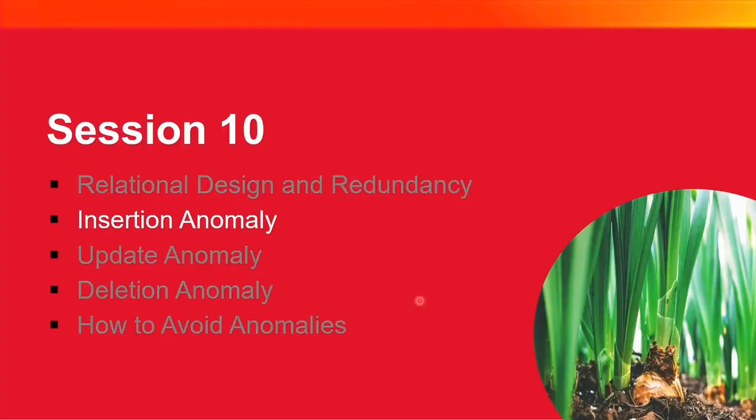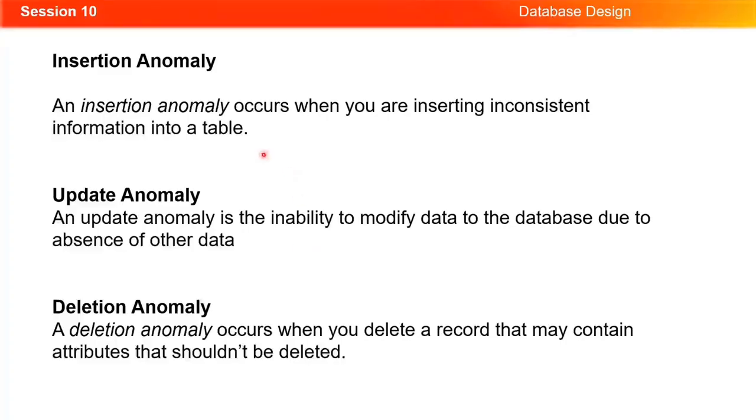Welcome back to this video. This is video 21 of our Introduction to Database Design course. We are still in session 10, and in this video we are going to discuss the data insertion anomaly. An insertion anomaly occurs when a user or an application is inserting data into a table with either null or inconsistent information, and an error is returned by the application.